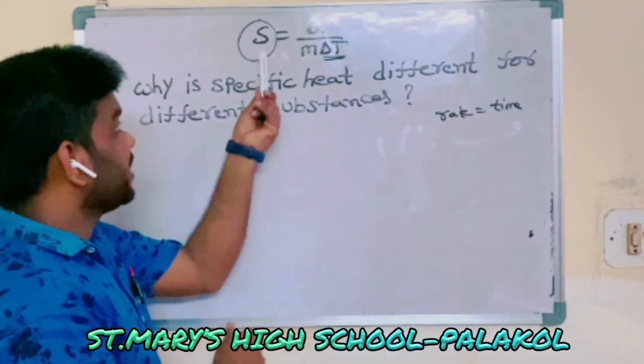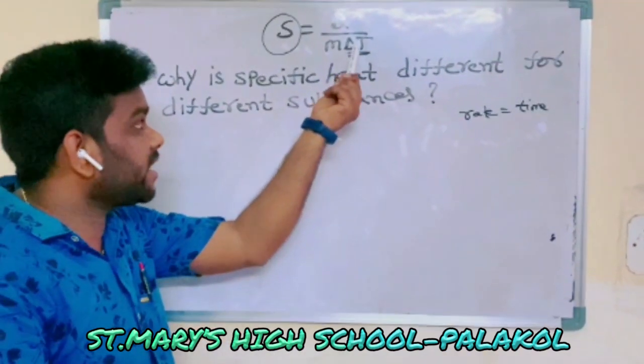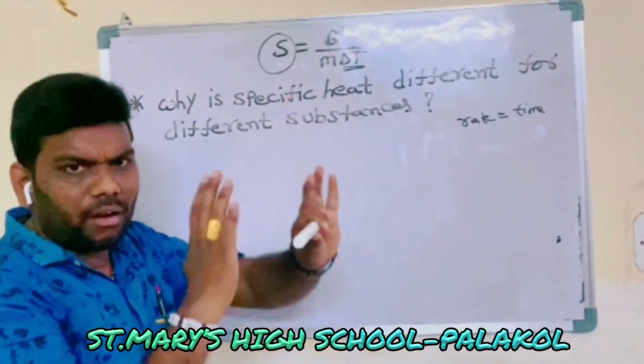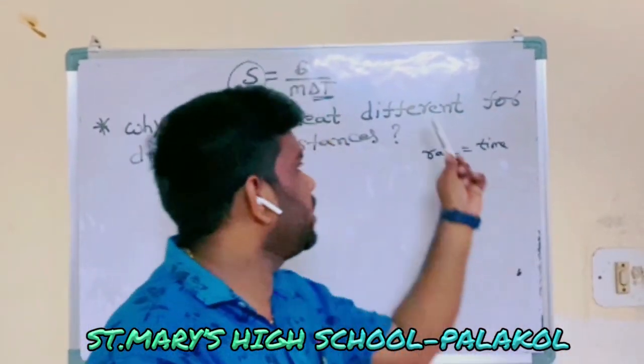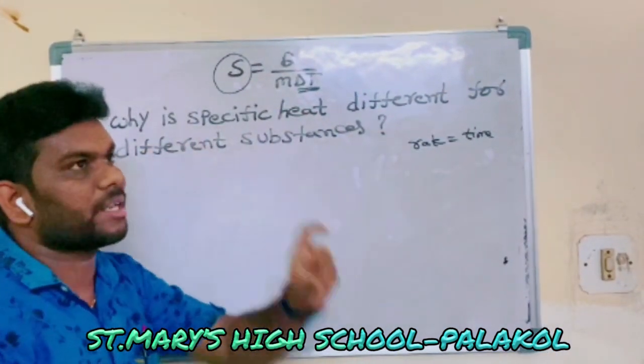So that's why when specific heat is high, temperature change is low, and when temperature change is high, specific heat is low. It means specific heat is opposite to change in temperature. Okay, why is specific heat different for different substances?